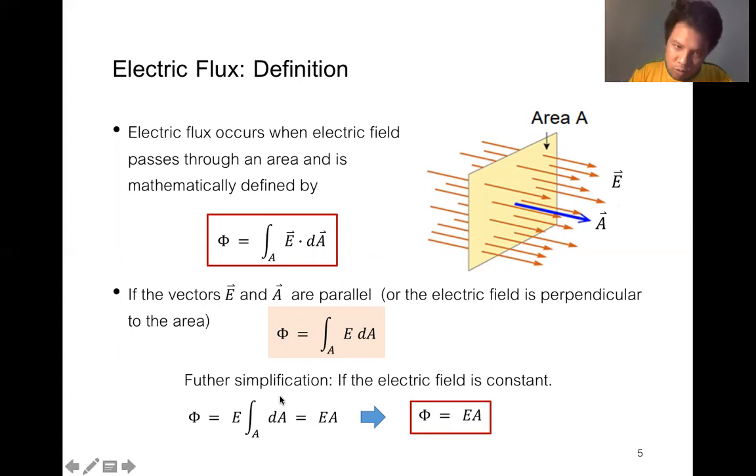To simplify, if E and A are parallel, we change the definition from E dot dA to E times dA, because cos theta is cos 0, which is 1. And with further simplification, if the electric field is a constant, the integral simplifies into the product of E and A.